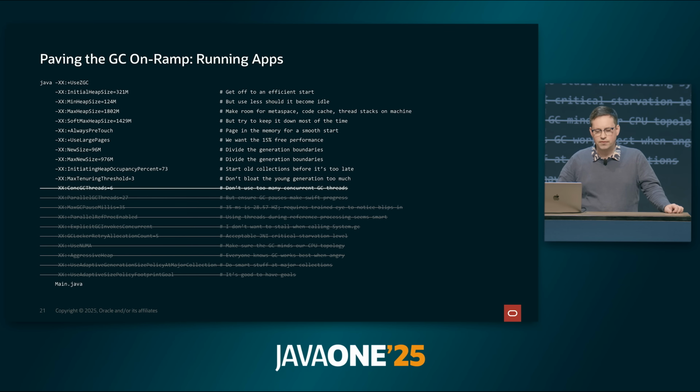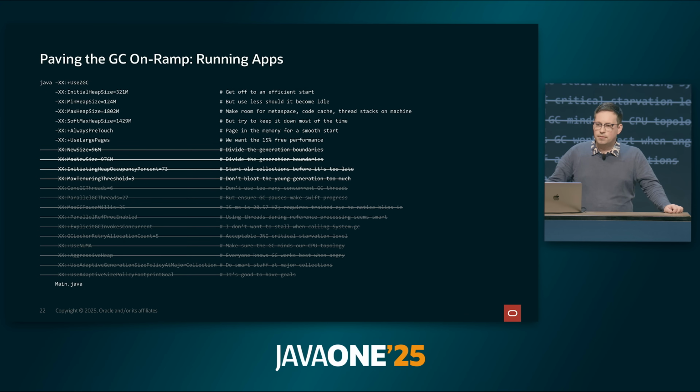So it sort of figures this out automatically. And many of these generation-related JVM flags, you don't need any of them either, and most of them aren't even recognized by ZGC because the concept doesn't exist. And I think this is pretty cool.